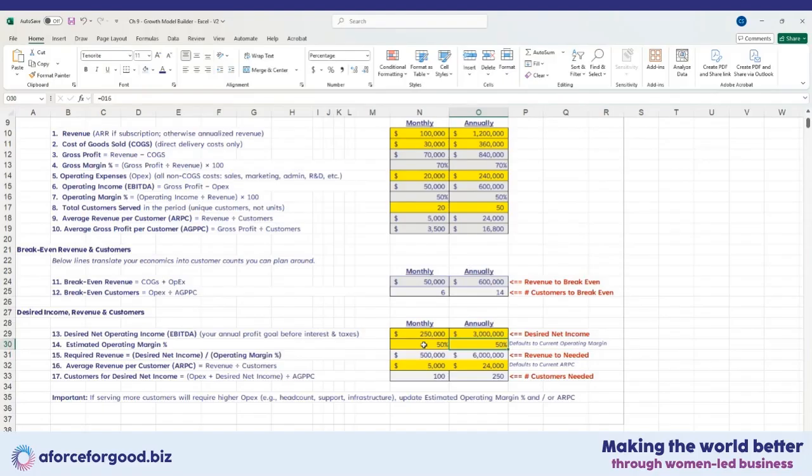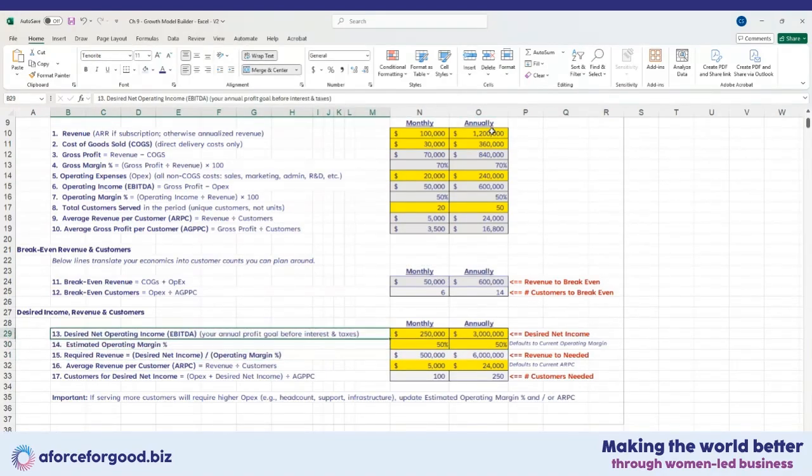But let's say you're going to have some cost increase, because to serve in the future at that higher level, you might increase your total percent, or maybe it's the other way around. Maybe as you increase your size, the costs go down because you get scale and your product becomes less expensive. I suggest for the first time, you leave operating margin alone, but that's where you can play point of leverage. Then you say, what's the required revenue?